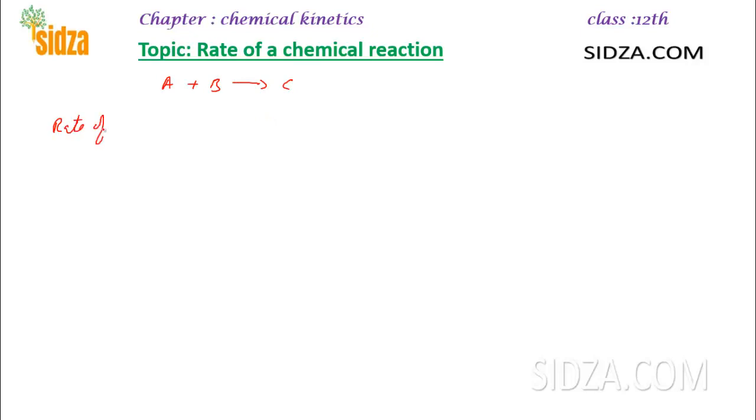The rate of a reaction will be equal to negative change in concentration of A divided by delta T. I can also express it in terms of B, so it will be negative change in concentration of B by delta T. Also express it in terms of C, the product. But for the products, we write the positive sign: change in concentration of C divided by delta T.